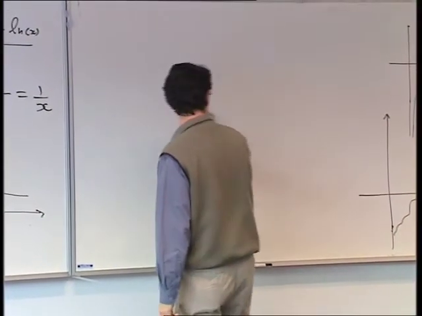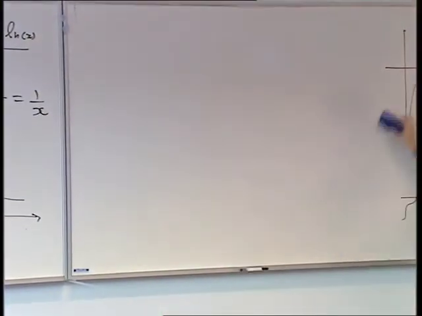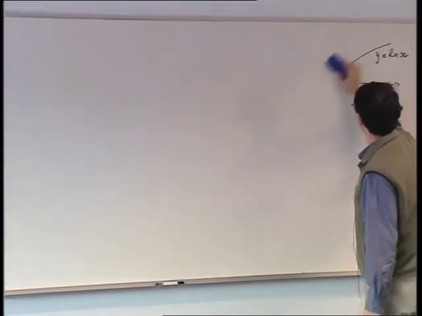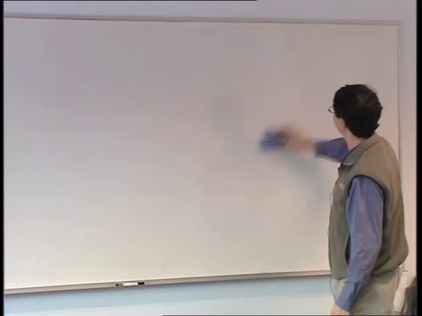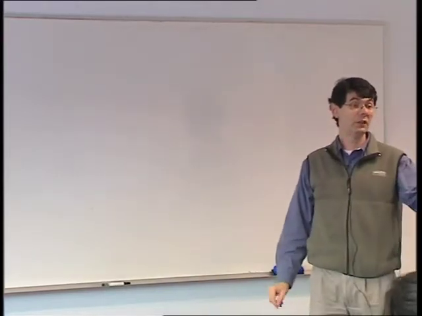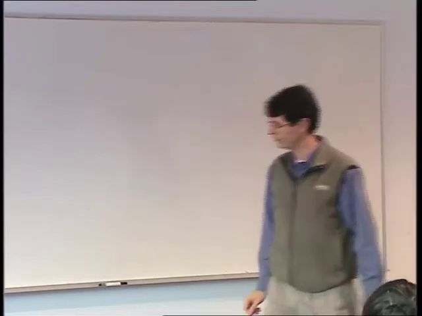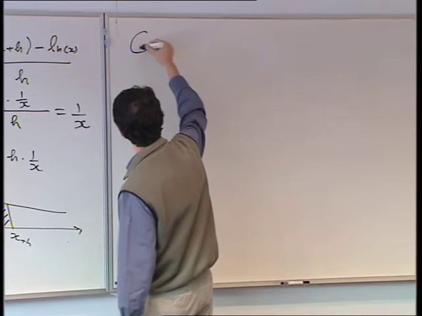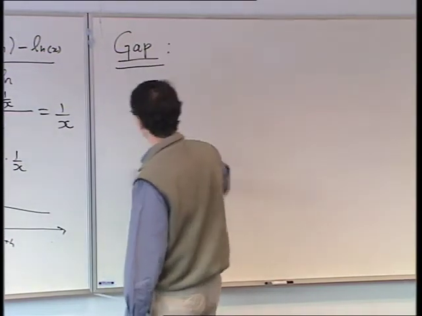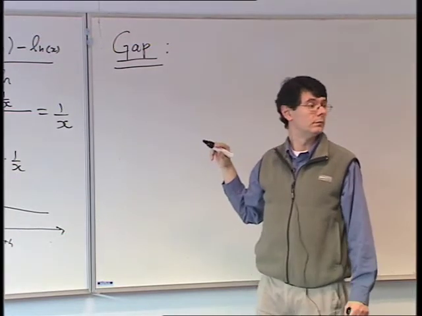I have something else to point out to you. We just filled a gap in our knowledge. Something we didn't know before, but now we do. Remember the power rule?